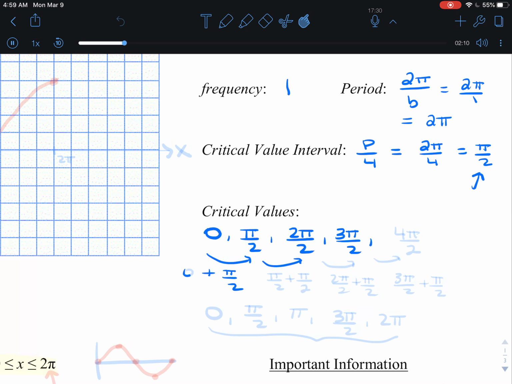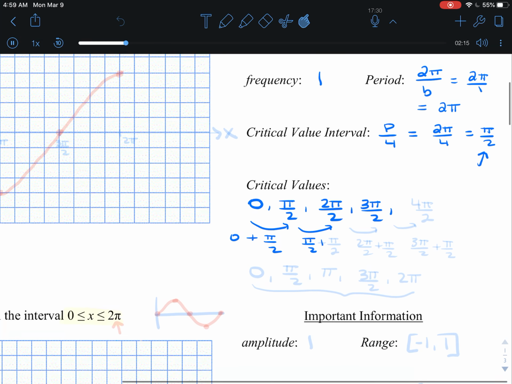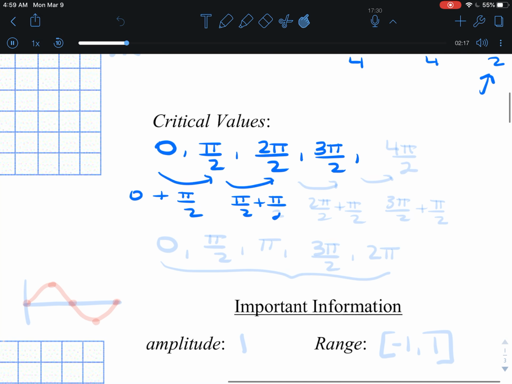So when we added it to 0, it was just pi over 2. But then if we add it to a pi over 2, think about it like adding fractions. As long as the denominators are the same, you just add the top. So 2 pi over 2, then we add 2 pi over 2 plus another pi over 2 is where I got the 3 pi over 2. And then I would end up at 4 pi over 2 if I do that one more time.